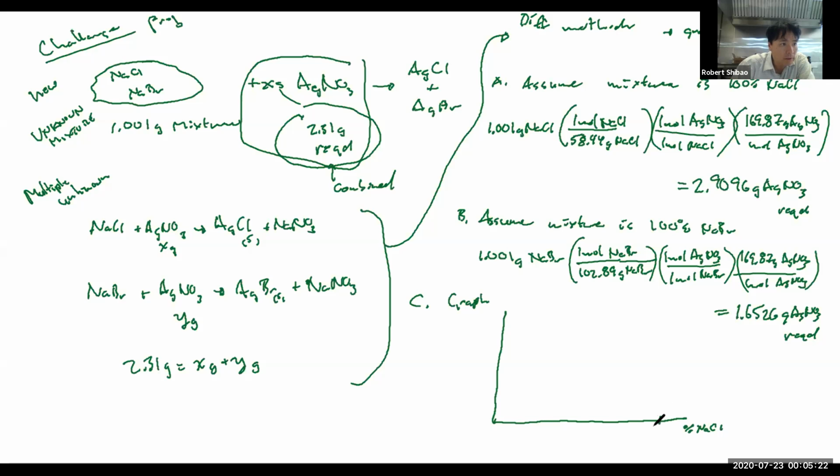We're going to go to 100%. Over here, we're going to put grams of silver nitrate. It doesn't matter. I could have done it the other way too. I think I should do it the other way. This is X. I'm going to graph it the other way. Sorry.